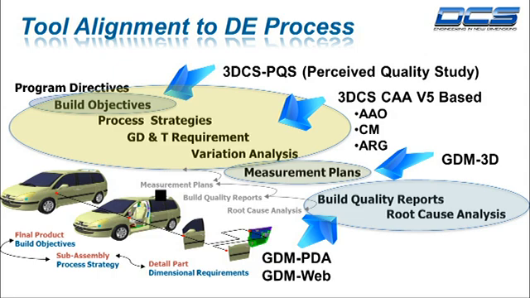Then, using that same information to do plant data analysis, and through the use of GDM Web, be able to collect and problem solve plant floor problems relative to the build quality of the product, and then feed that back to engineering for correlation to what their design simulations said were going to happen, and for optimizing future designs, truly taking into account a design for manufacturability kind of initiative.